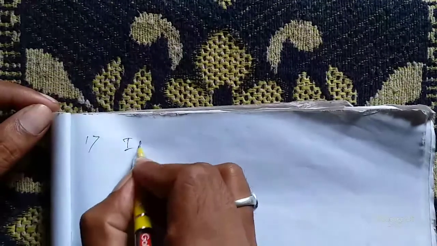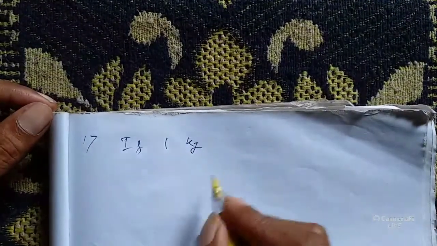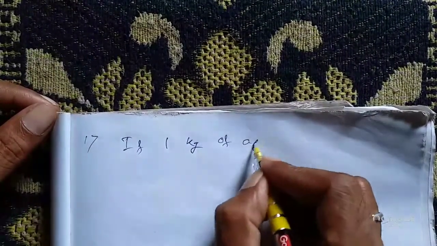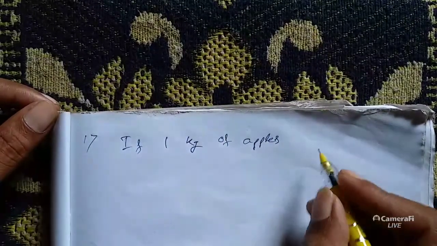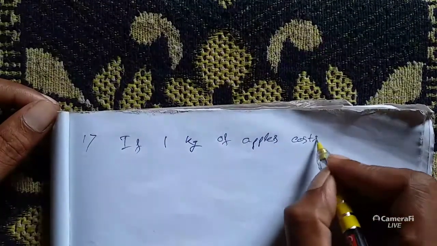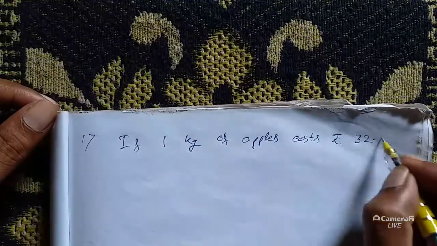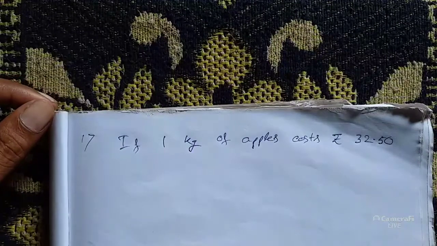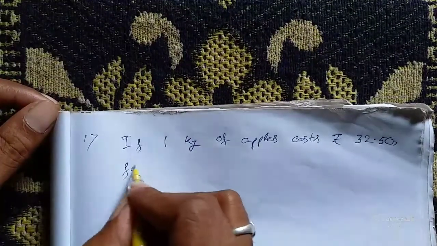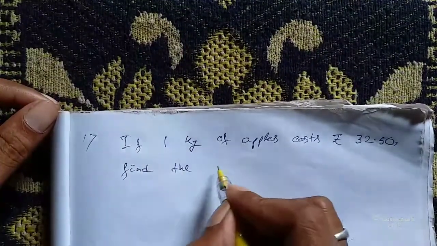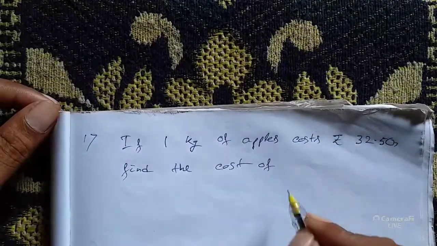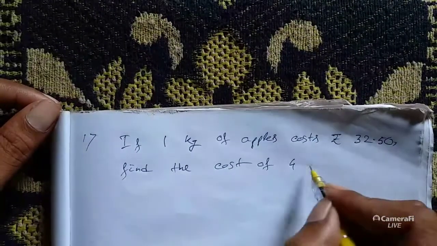Okay. Now coming to a word problem. If 1 kg of apples costs rupees 32.50, find the cost of 4 kg of apples.